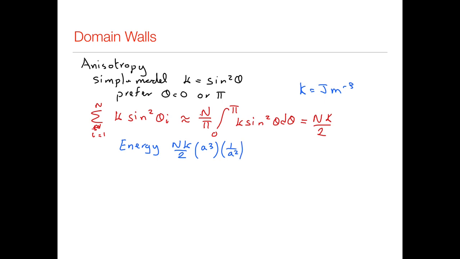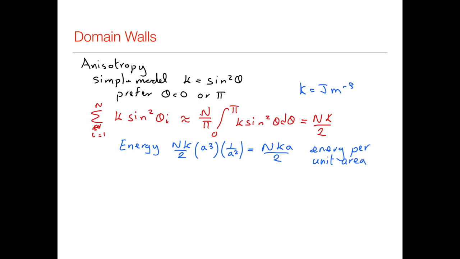That will give me an energy per unit area of the wall.